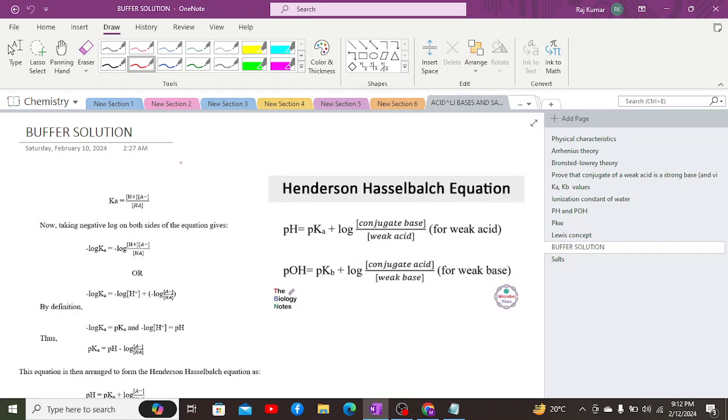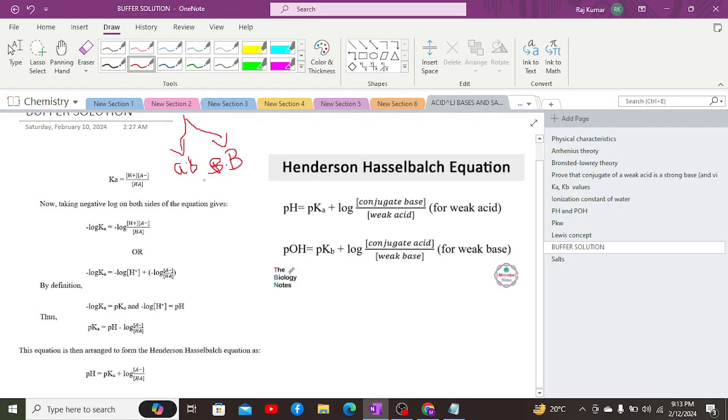A solution that prevents its pH from changing is known as a buffer solution, and buffer solutions are of two types. The first is the acidic buffer, and the second is the basic buffer. These act as a sort of equalizer, such that they tend to resist the change in the pH of the solution, right?